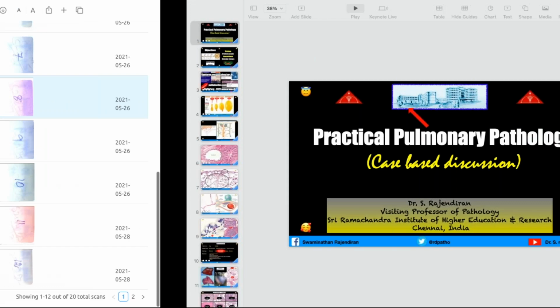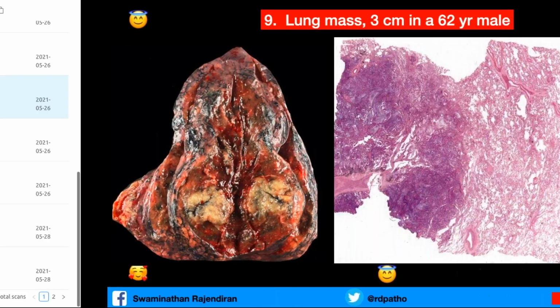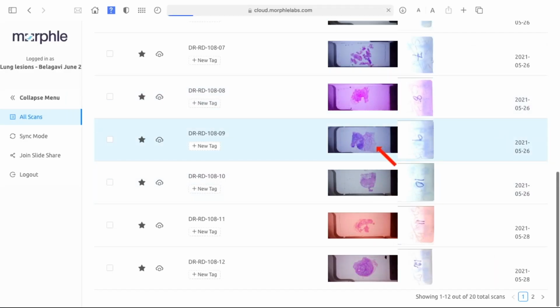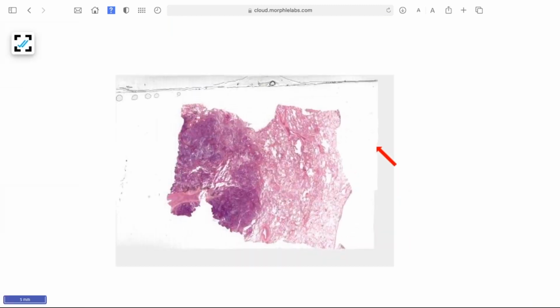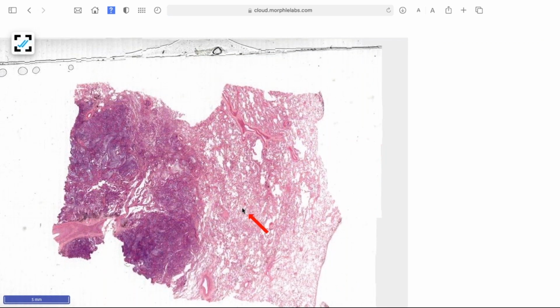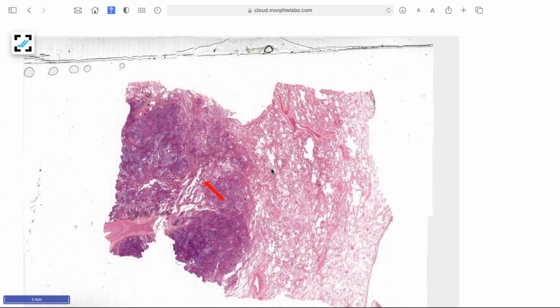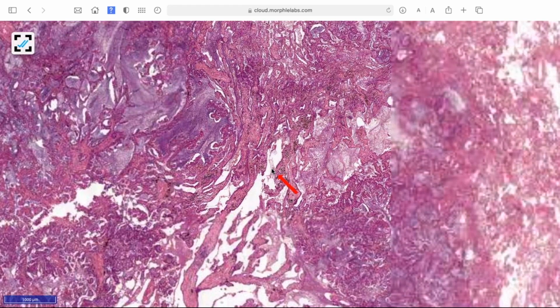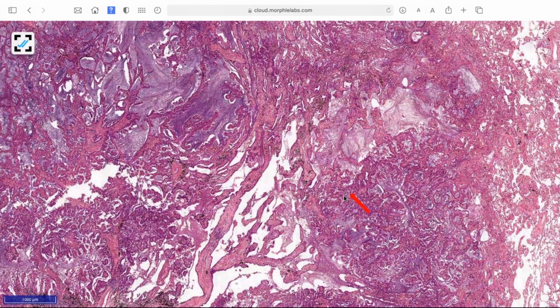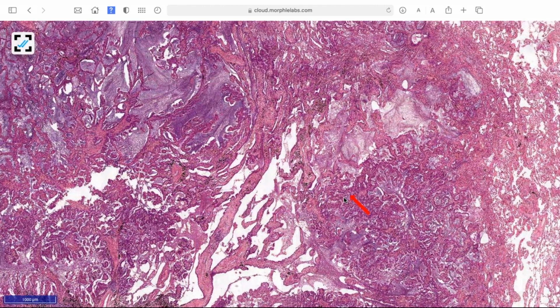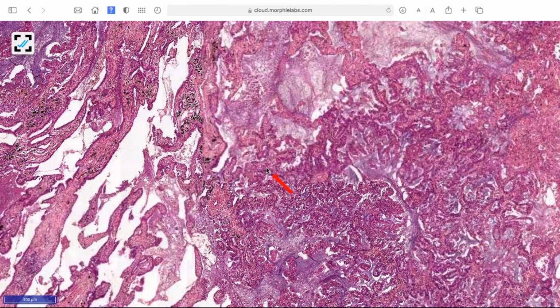Case number 9. So you can see the normal lung and tumor. Go to the high power: bluish mucinous material with gland-forming tumor cells.